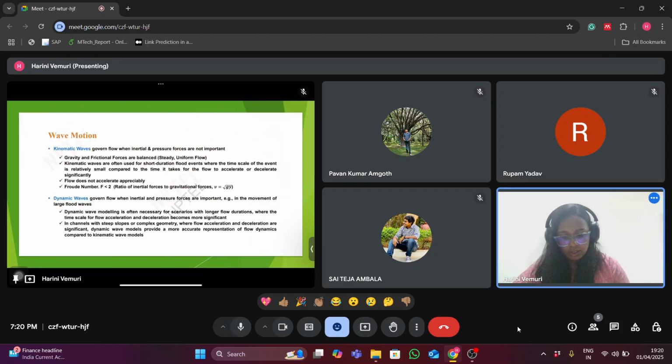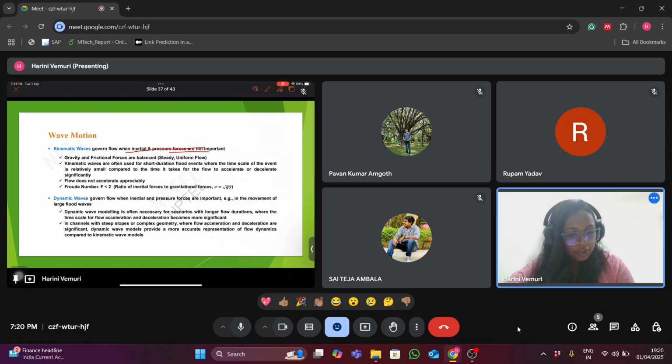So here, as I have told about kinematic wave and dynamic waves, we will be discussing how these two differ. If you see here, kinematic wave governs when inertial and pressure forces are not important.